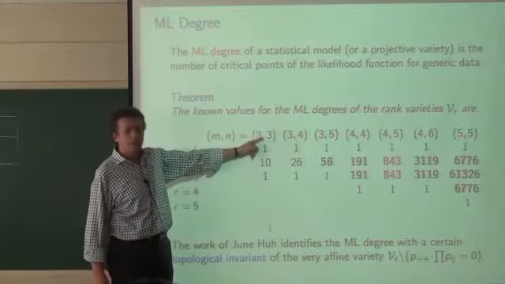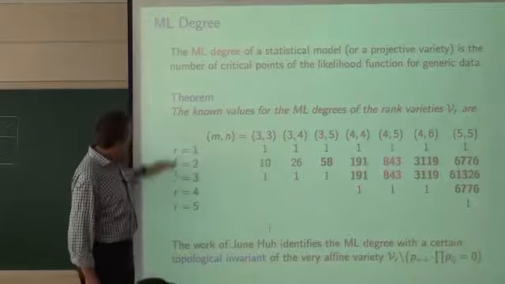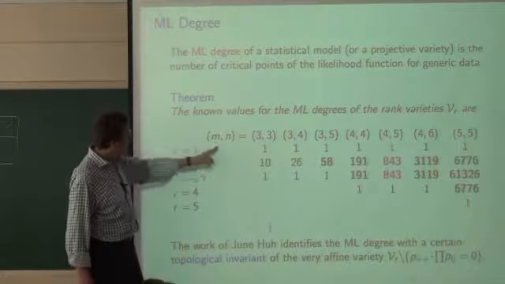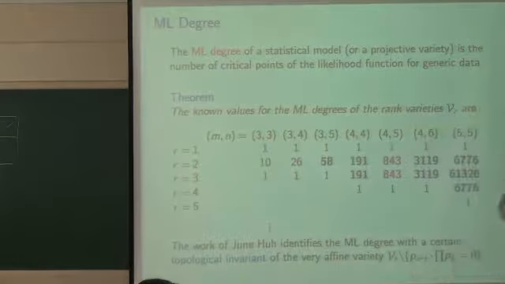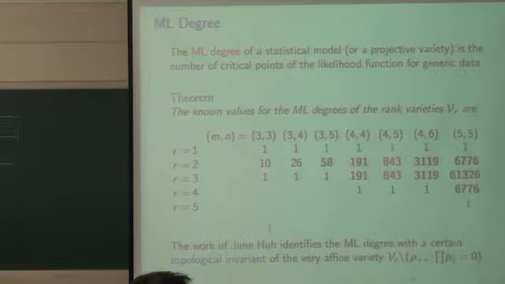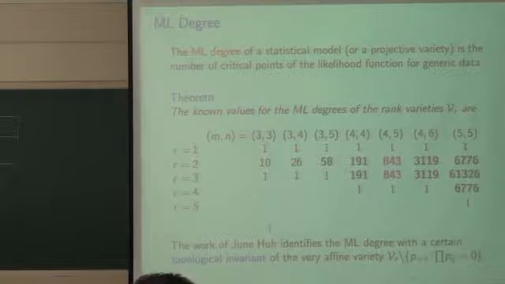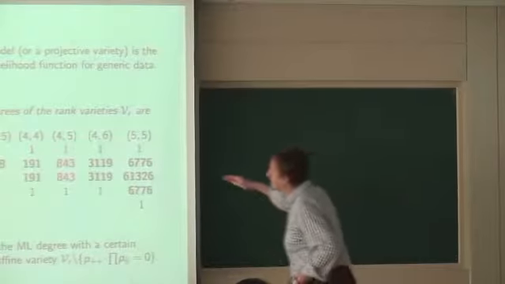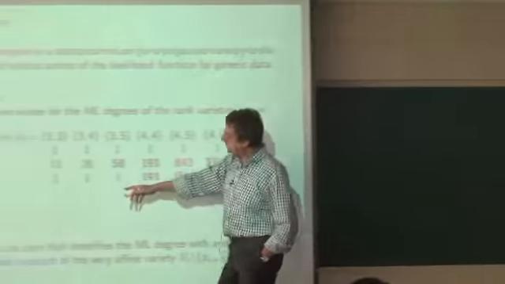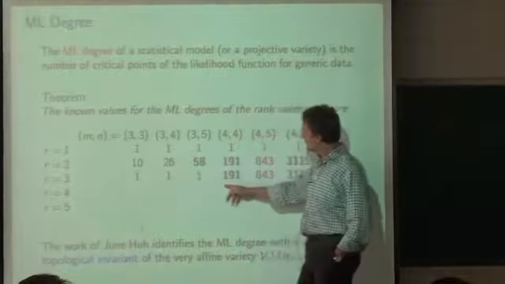And these are some matrix sizes. So for example, for 3 by 3 matrices, for rank 1, the ML degree is always 1, right? That was our freshman biology example. For rank 1, we always solve the problem by taking the row sum vector outer product against the column sum vector. So the algebraic degree is 1. Now down here, we also have 1s.